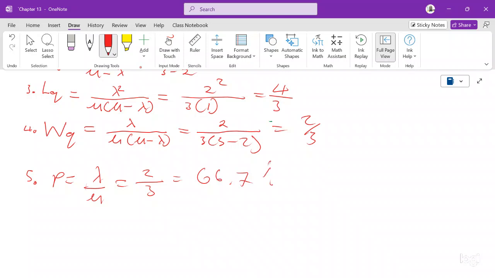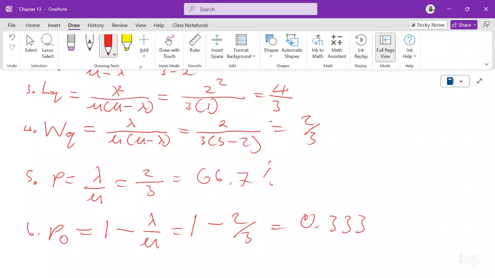So that's your utilization. And then you want to know the probability of the opposite, that there won't be any car. So you say 1 minus that. The probability that there won't be any car is 1 minus 2 over 3, which is 0.33, also equivalent to 33%.